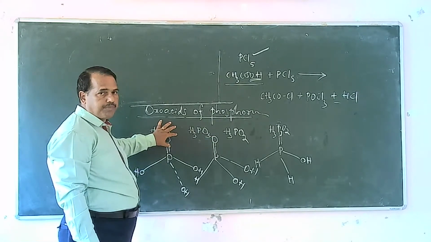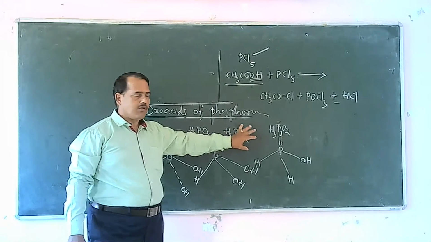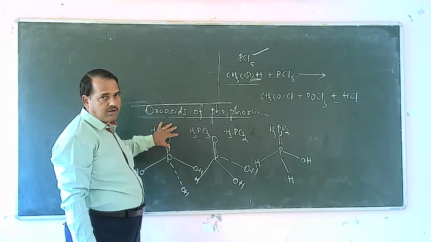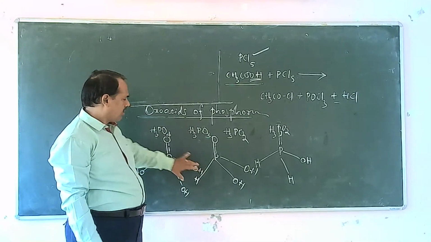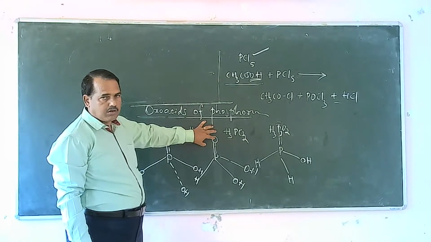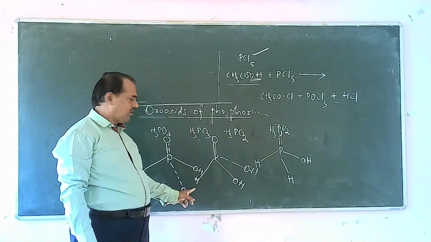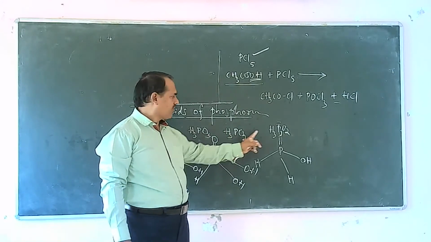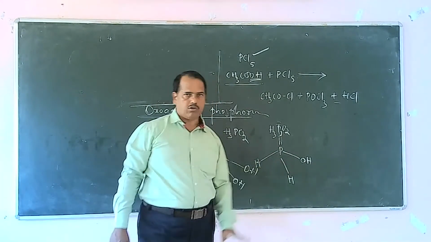Clear? One is H3PO4, another one is H3PO3, another one is H3PO2. H3PO4 is phosphoric acid. It contains 3 P-OH bonds. Then orthophosphorus acid contains 2 P-OH bonds and 1 P-H bond. Another, hypophosphorus acid, contains only 1 P-OH bond and 2 P-H bonds.